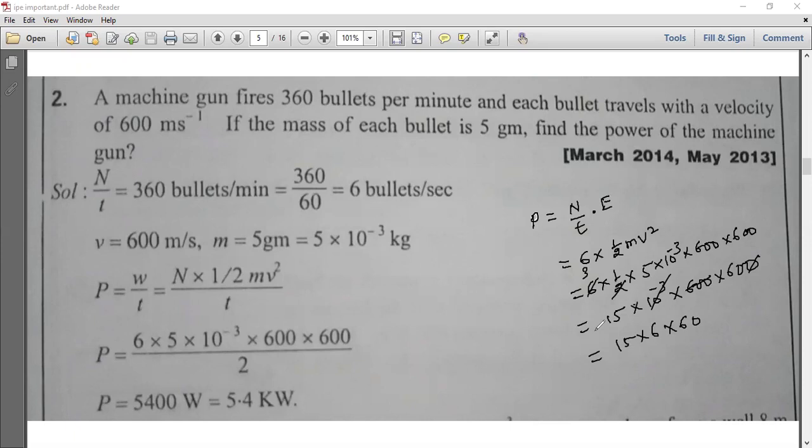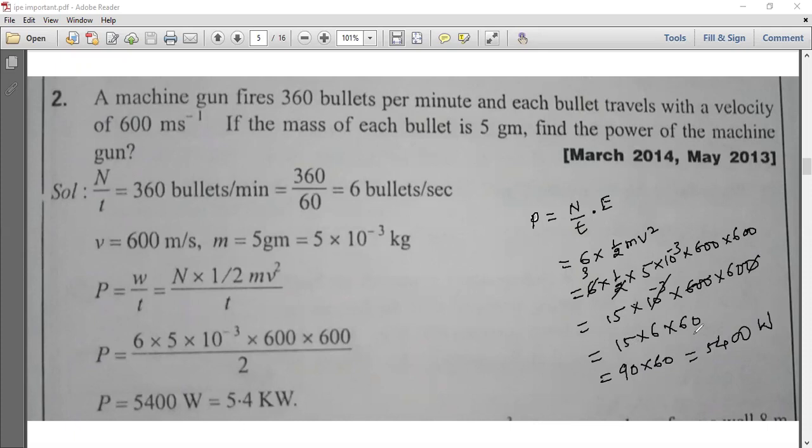Check it. This is nothing but 90 into 60, right? 15 into 6 is 90, into 60. This is equal to 5400 watt. 5400 watt, right?